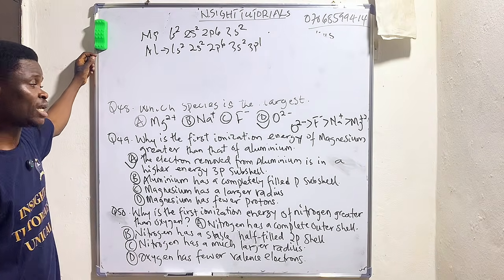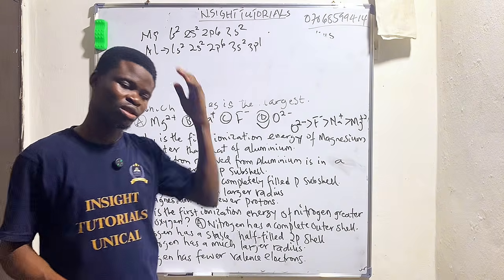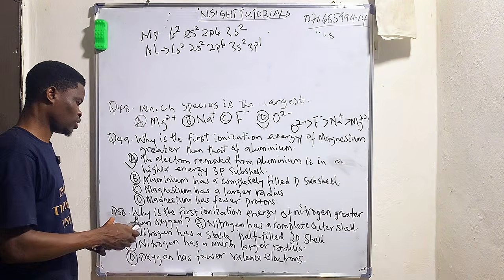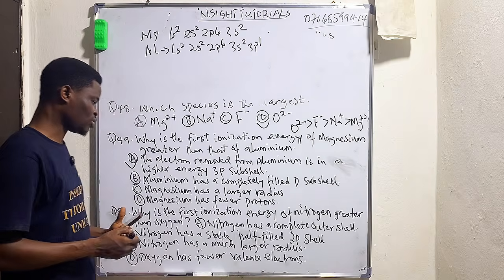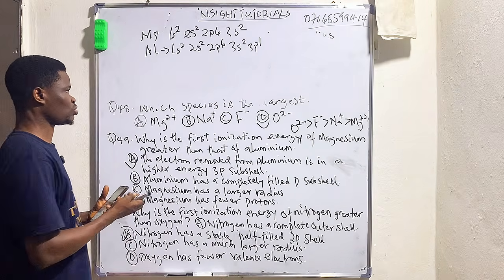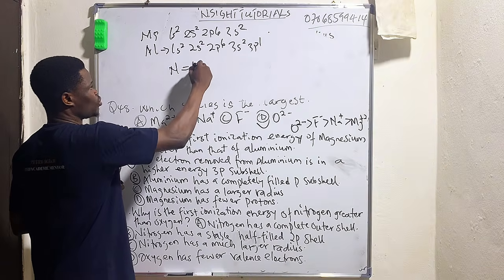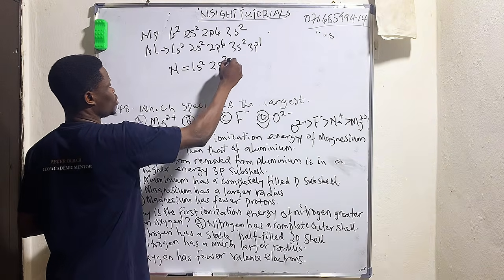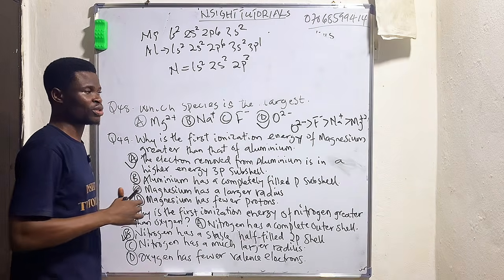Now it happens that anytime you hear a comparison of nitrogen and oxygen, the correct option is always option B, that says that nitrogen has a stable half-filled 2p shell. The electronic configuration of nitrogen is 1s2, 2s2, and then you have 2p3. Remember, to fill this p shell, you need 6.